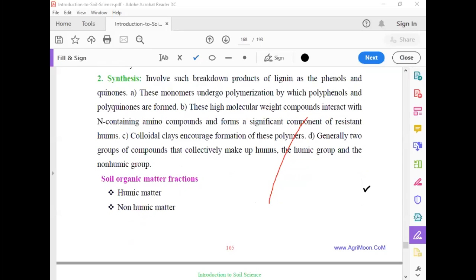These are the two major fractions of organic matter.